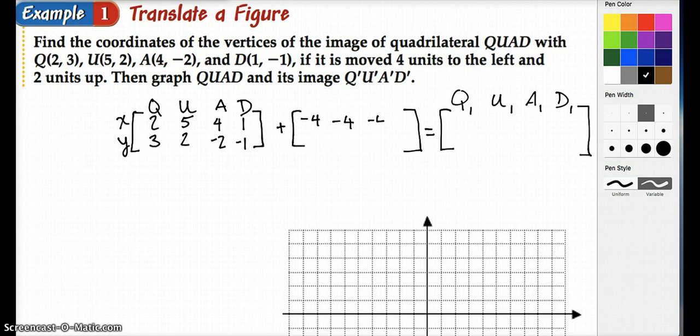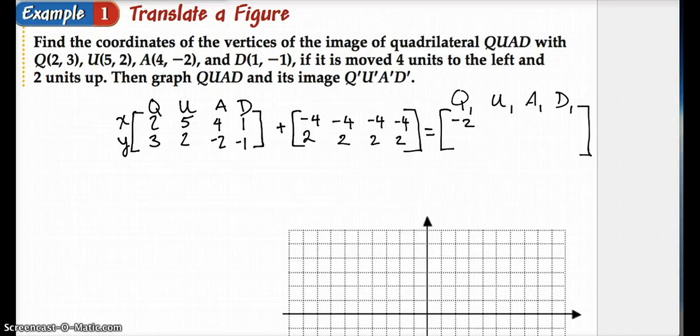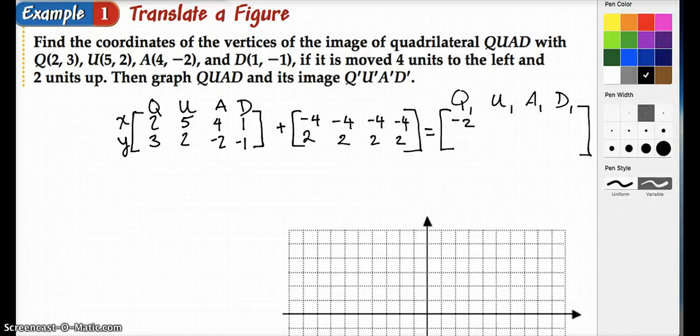So here's my translation matrix. Each of these has to be moved 4 units to the left and then 2 units up. Our y values have to increase by 2. And so now we're going to add these two matrices together and we get the image, which is going to be -2, 5, -1... no, 4 plus -1, no, plus 1, I can add, I promise, 0, and 4 plus -3.